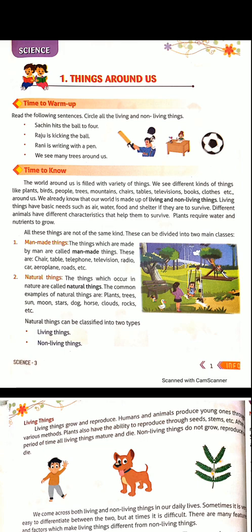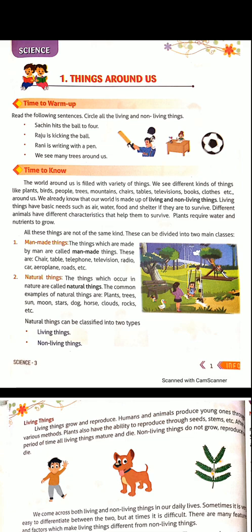These are chair, table, telephone, television, radio, car, aeroplane, road, etc. Natural things: the things which occur in nature are called natural things. The common examples of natural things are plants, trees, sun, moon, stars, dog, horse, clouds, rock, etc.